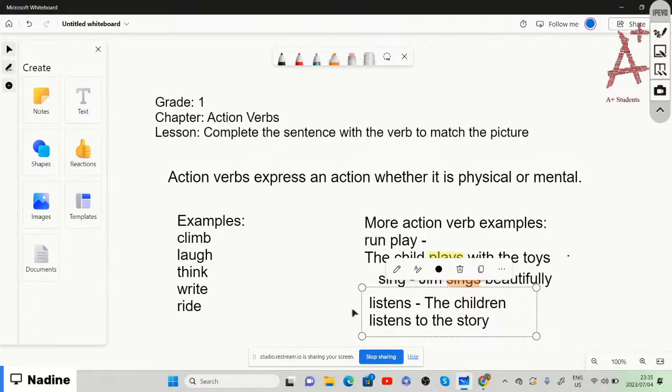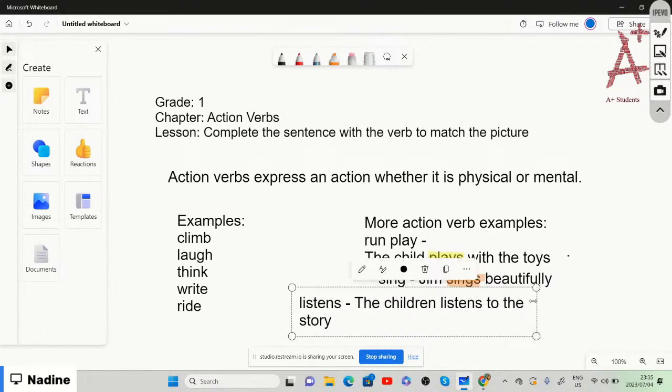So we can say the children listen to the story, or we can say Sarah listens to her teacher, right?